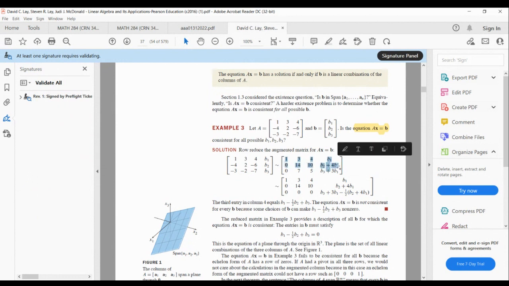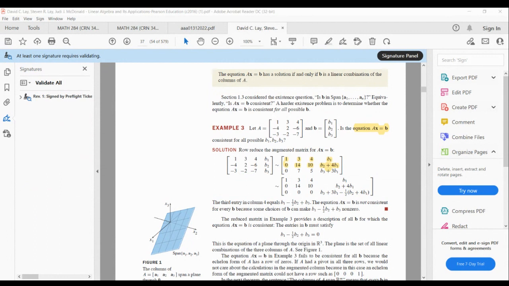If we look particularly at the second row here, the 0, 14, 10, and b2 plus 4 times b1, how did they get that? Well, they took the first row and they wanted to produce a 0 where the negative 4 is. So using the 1 as a pivot, they multiplied the first row by 4 and added that to the second row, and then that sum was put in the second row.